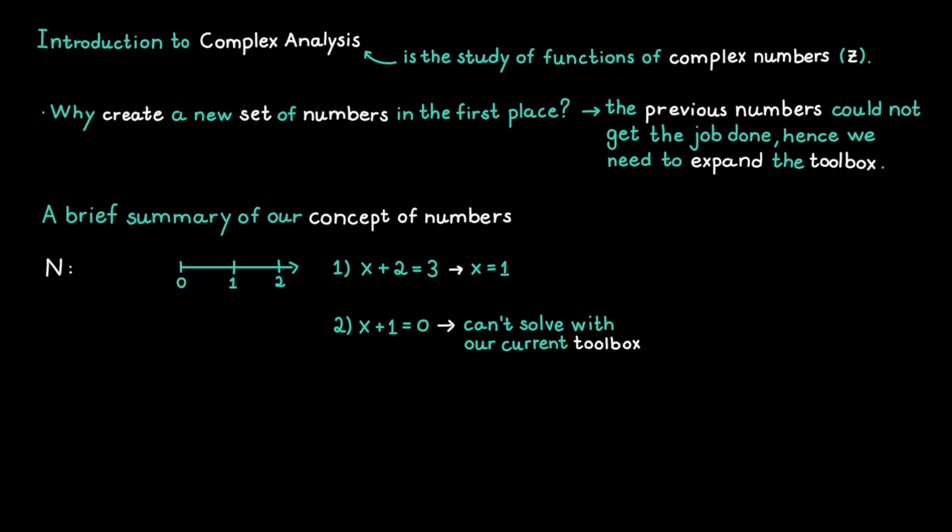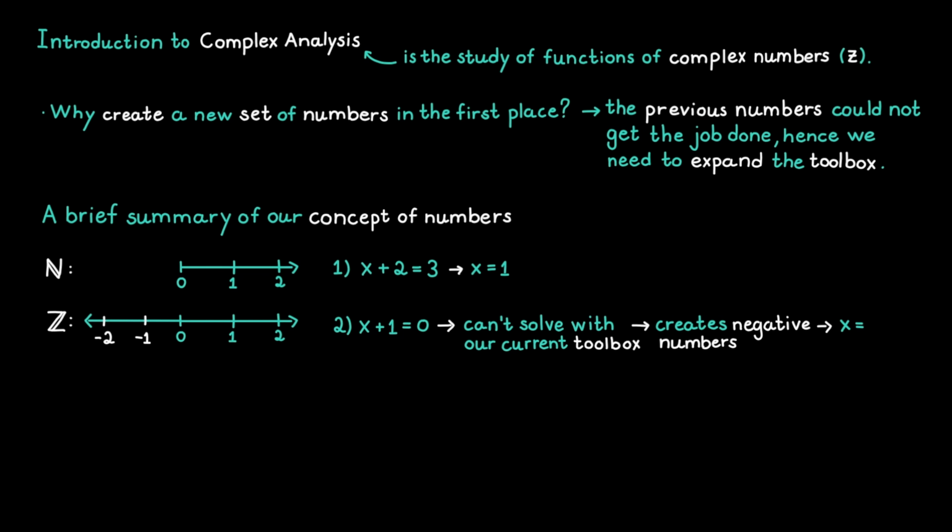We have to expand the toolbox, which we did by creating the negative numbers. And by combining our old numbers with our new numbers, we created a new set of numbers called the integers. And just like that, we now were able to solve these kinds of problems that we previously thought was impossible. We just had to invent some new numbers to do it.